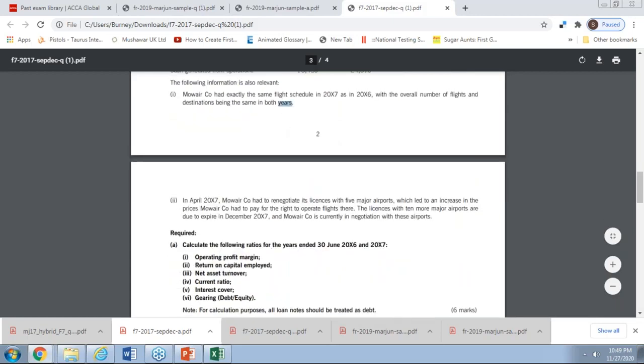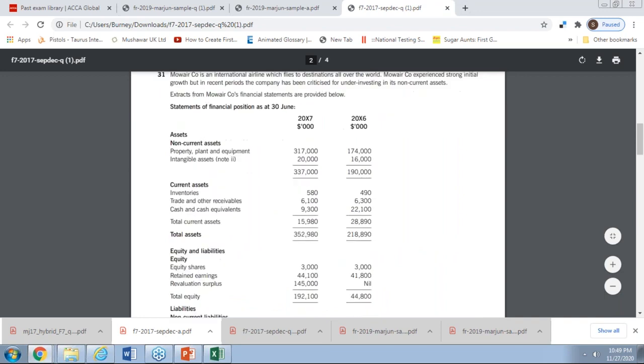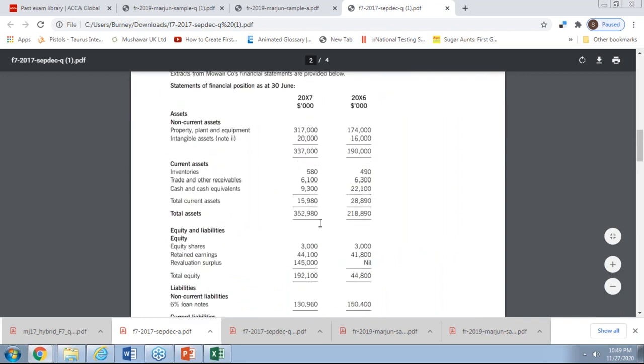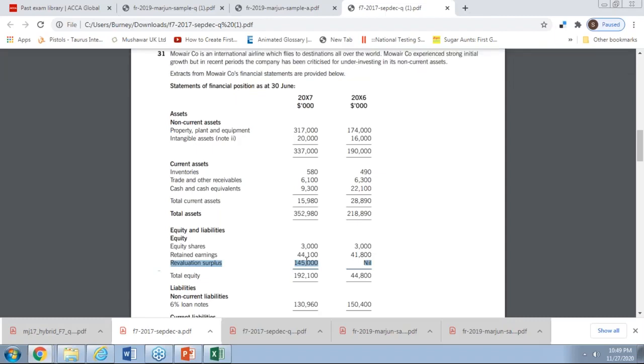So up till now we have identified a few hints. The first hint is there is a revaluation which increases the overall equity and then definitely will reduce the asset turnover and ROCE.